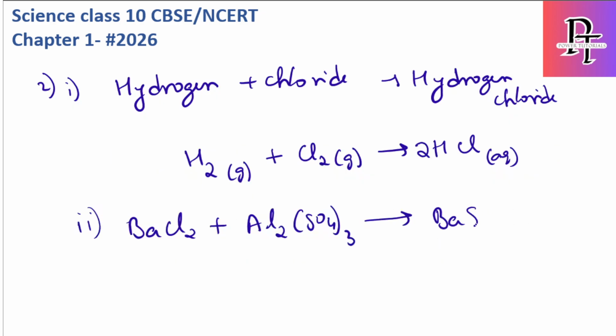Barium sulfate, aluminum chloride. Let's balance this by keeping 3 barium. So 3 barium, 3 sulfate, aluminum 2, chlorine 6. Chlorine here it is 6, but here it is only 3, so we have to keep 2 again.